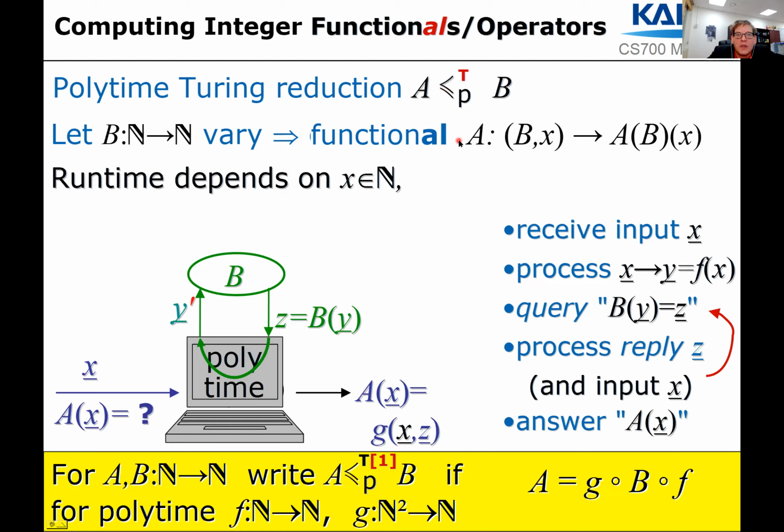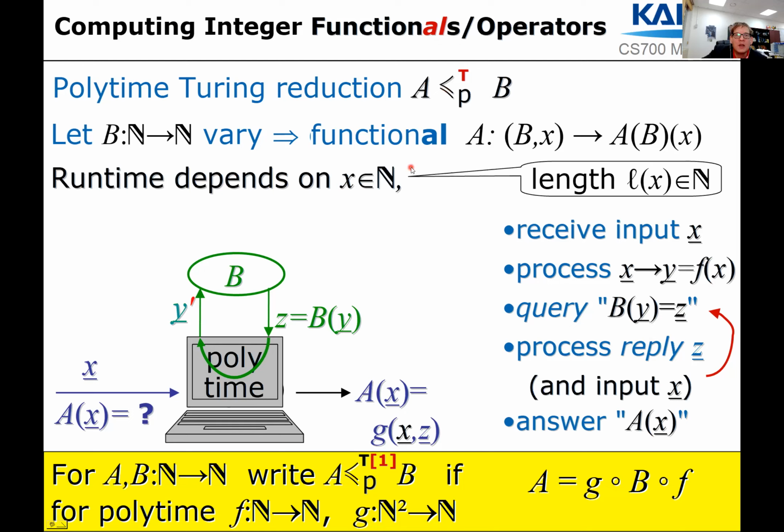And the cost of this functional, the running time, of course, will as usual depend on the natural number argument x. We already know that. More precisely, we consider the dependence on the length of x when given in binary. Remember, L of x is roughly the logarithm of x up to some rounding. That's a binary length.